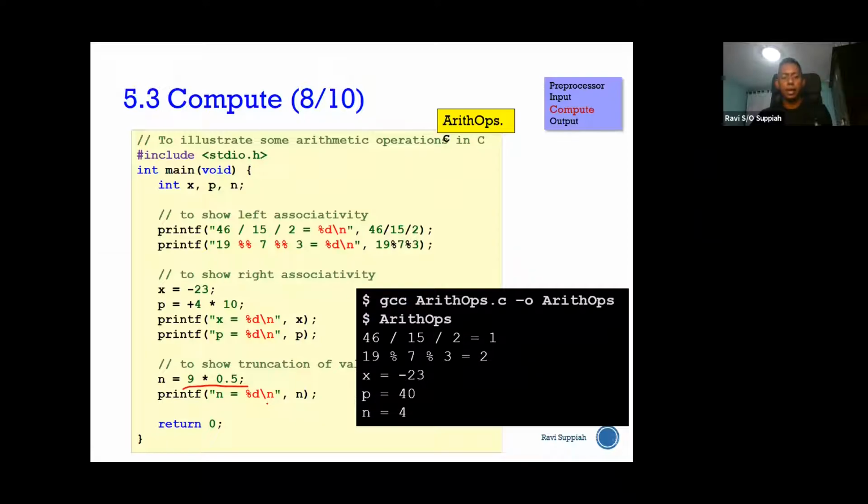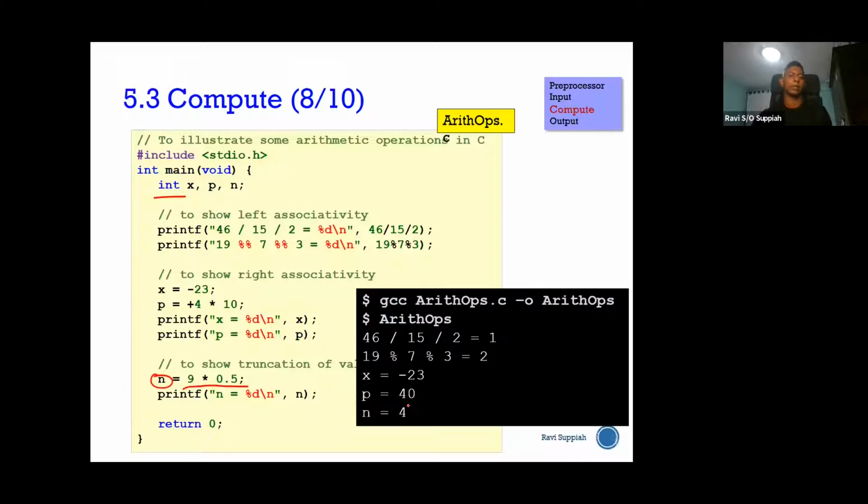So the initial answer will be 4.5, but you are assigning it to a variable n, which is declared as an integer. Integers cannot store decimal points, you can only store whole numbers. So the truncated answer, which is only 4, will be stored inside n.